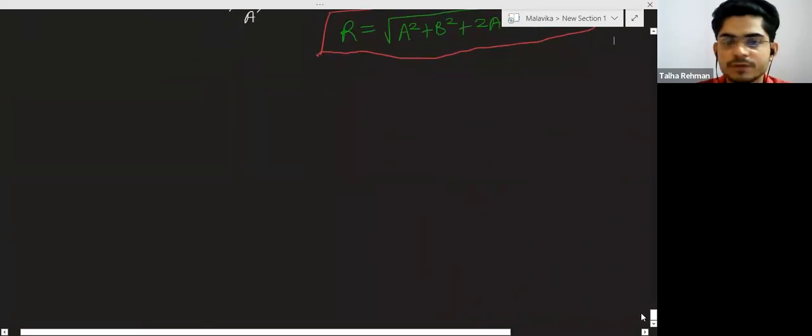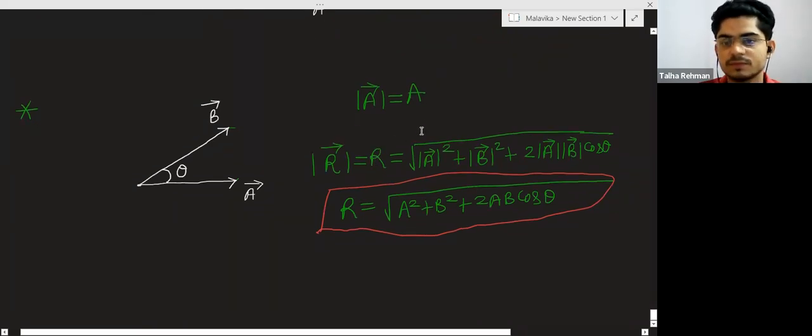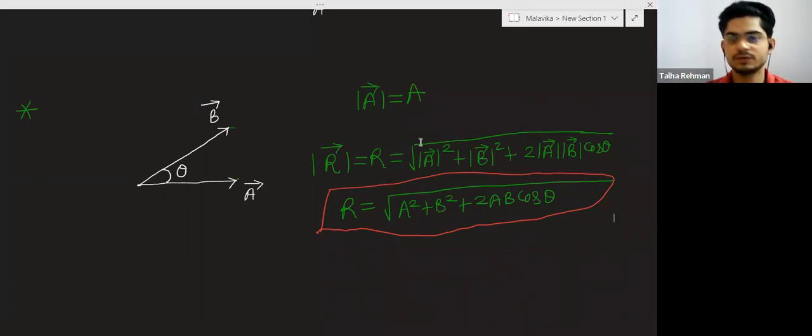Now, with the help of this formula, we can derive some special cases: when two vectors are parallel, when two vectors are anti-parallel, when two vectors are perpendicular.